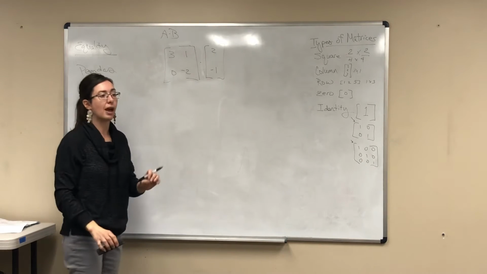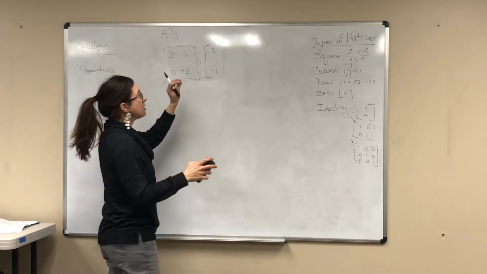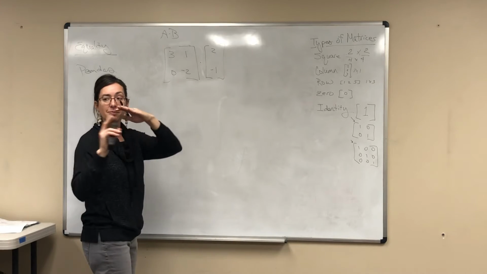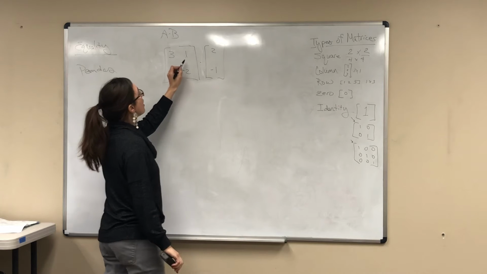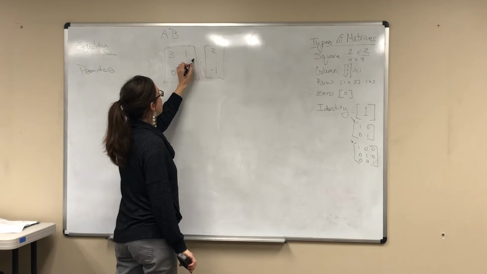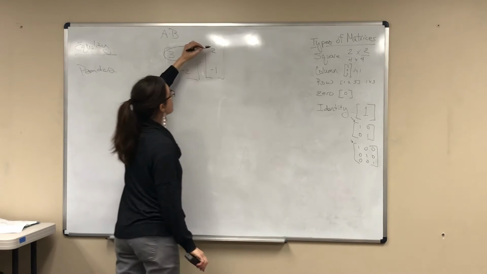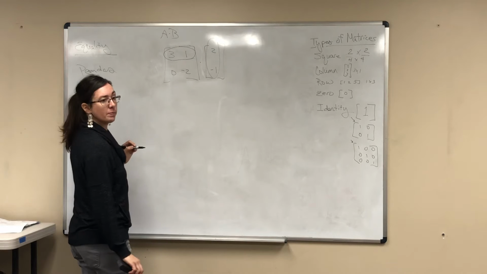So how do we actually do it? I use colored pencils. You can block it off if you need to, if it gets bigger. The first one, we are going to take the entire first row and multiply it by the first column.